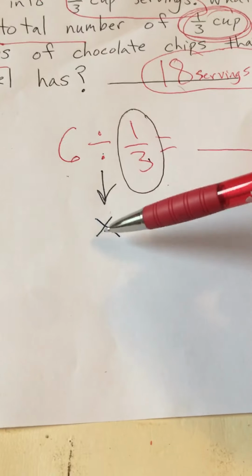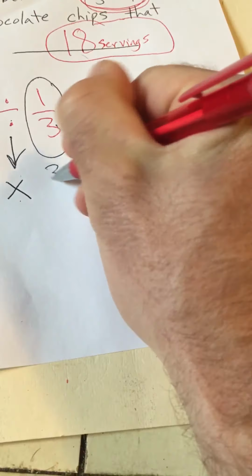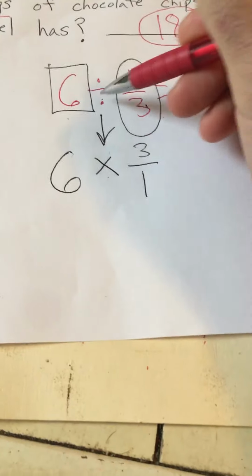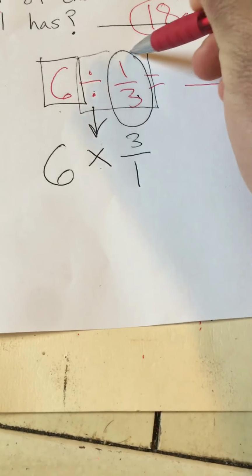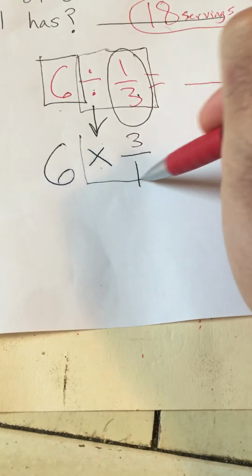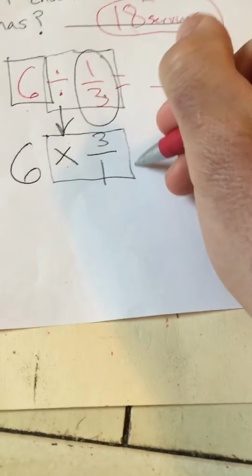We're going to flip division to multiplication, and then find the reciprocal of 3 over 1. We're going to invert them or flip them over. So we're not going to flip over the 6. You only do it to the one that you are dividing by, okay? Because it's still 6, and we're just finding the opposite of dividing by 1/3. It's multiplying by 3 over 1. So that's the only part, this box here, that you're going to change.